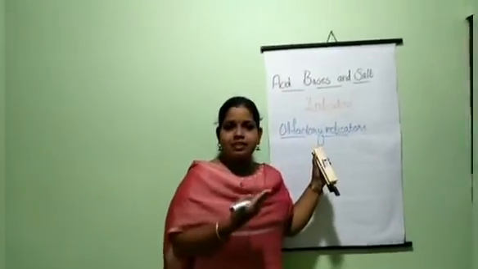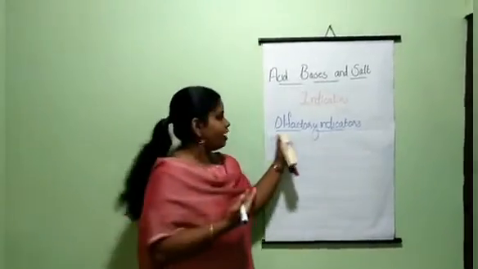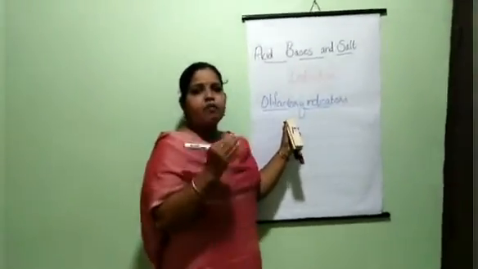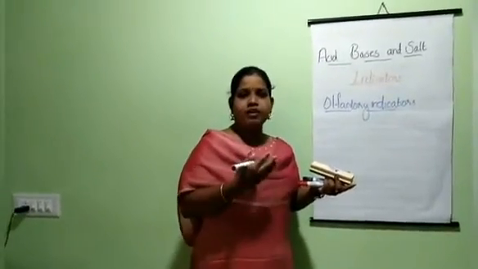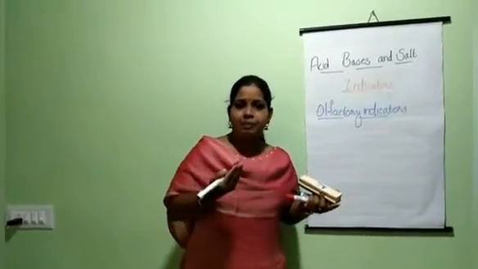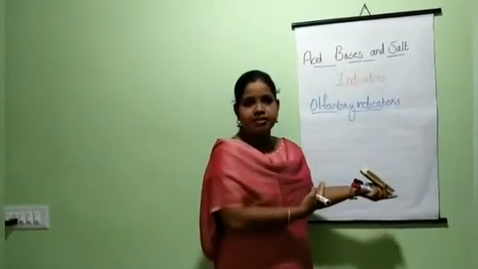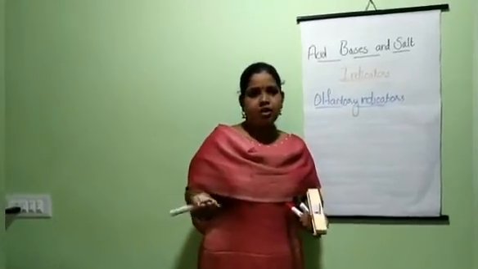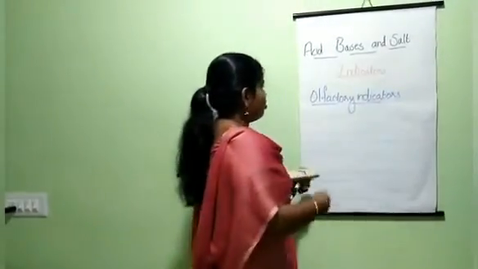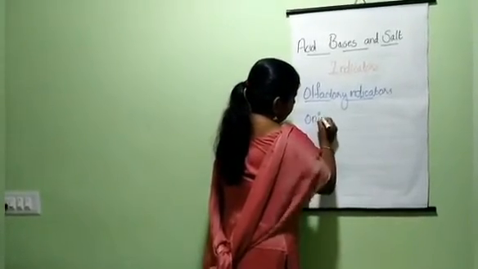Olfactory means related to the sense of smell. Olfactory indicators work on the principle of giving different smells in different solutions. Like an acidic solution gives one characteristic smell, and in basic solution the smell may change. The two examples of olfactory indicators, one is onion.